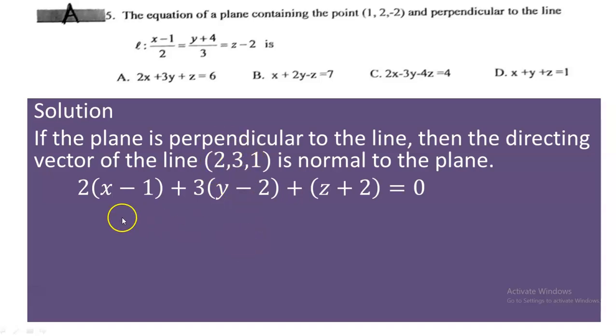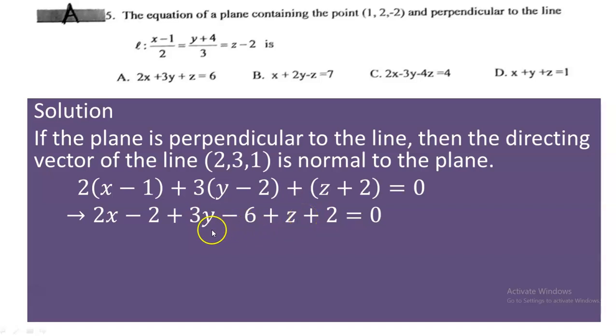Now students, if you simplify this, you will finally come across the equation of the plane. This is 2x - 2 + 3y - 6 + z + 2 = 0. So try to add those numbers together, and then you can have 2x + 3y + z - 6 = 0.